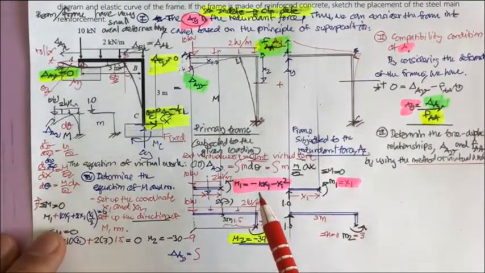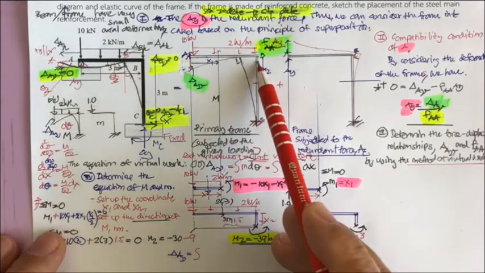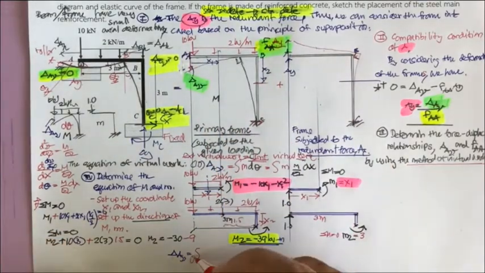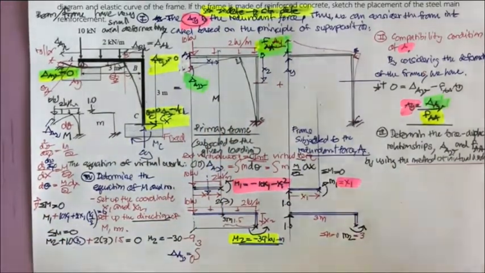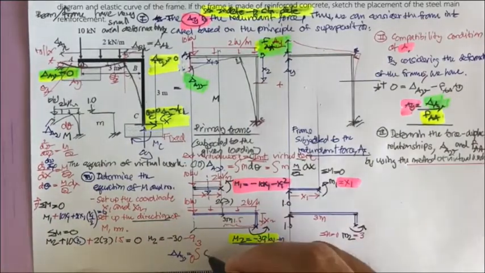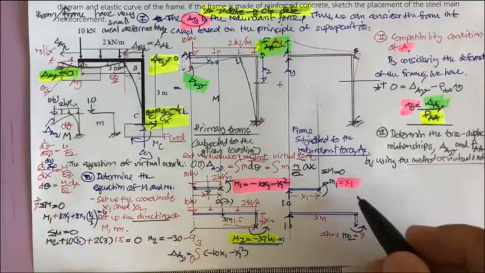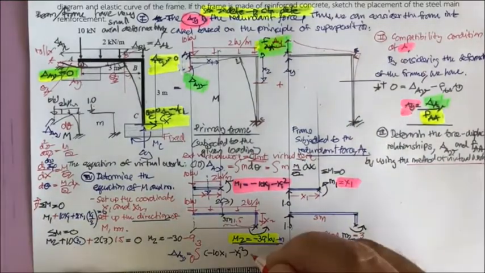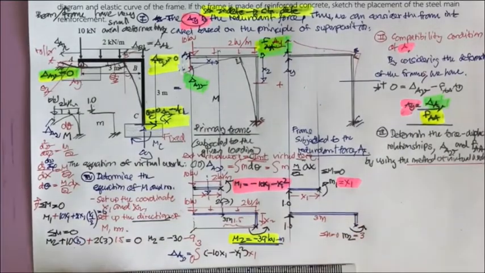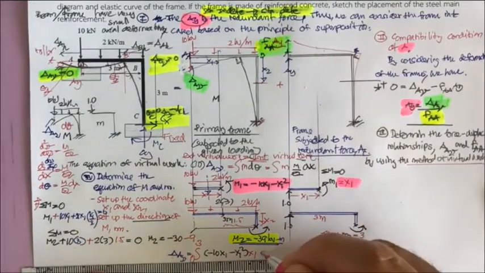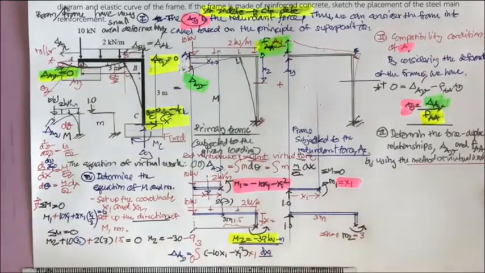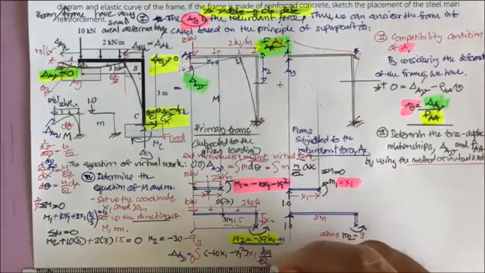Just the integration from where? From this to this, from 0 to 3. Then you get this for minus 10x1 minus x1 square, and then times this one is the x1, and then you have dx1 by EI.